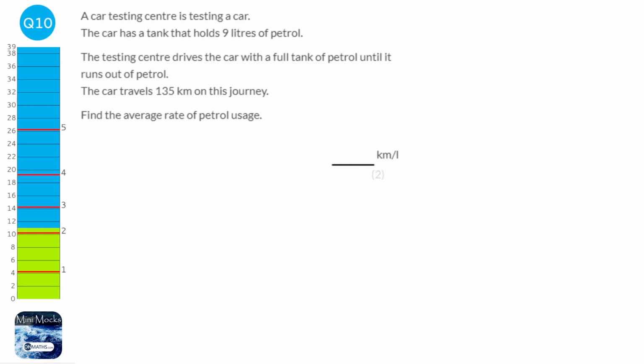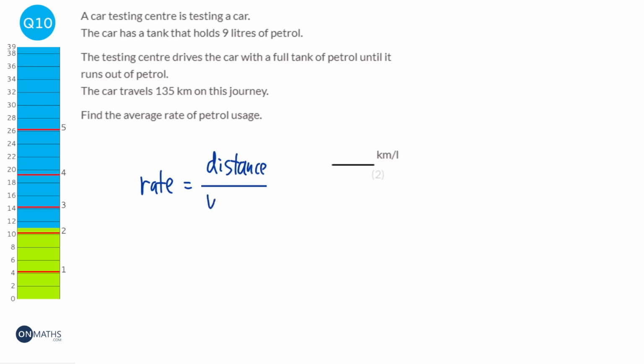To find the average rate of petrol usage, which I'm just going to call rate, what we're going to do is we're going to get the distance travelled by the car, and we're going to divide that by the amount of fuel used, so the volume of the fuel used. So the distance was 135 kilometres.